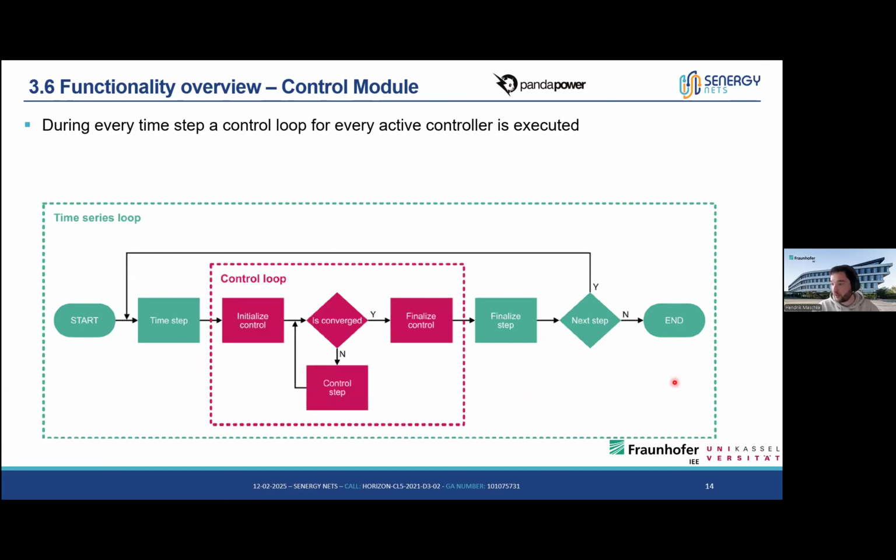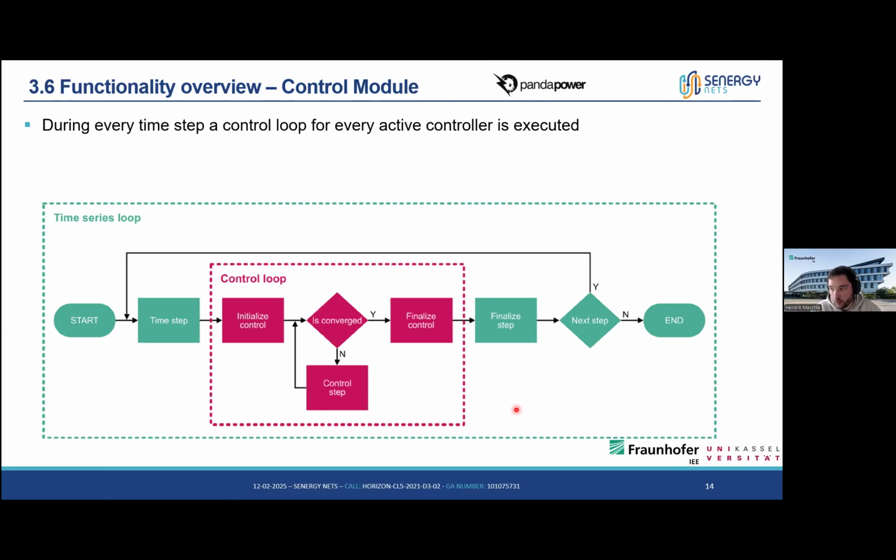But it's also important to understand the control loop. So in between the time series simulation, we also have a control loop. If you just want to do a normal time series simulation without any special controller initialized, no smart charging or voltage controlling elements or anything, you always need a constant controller.